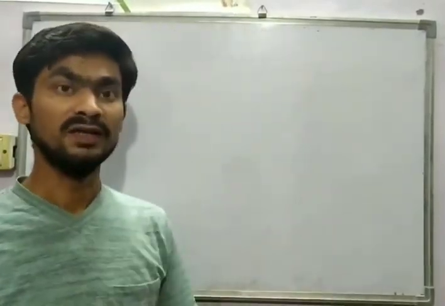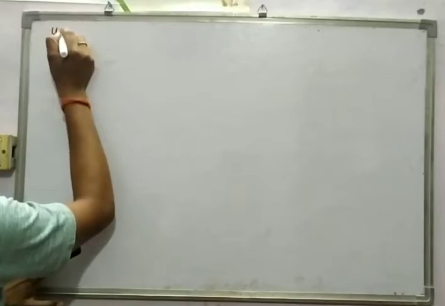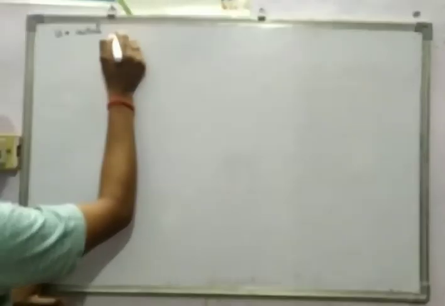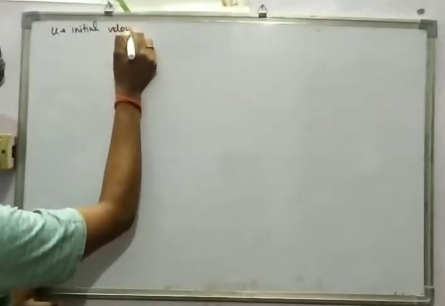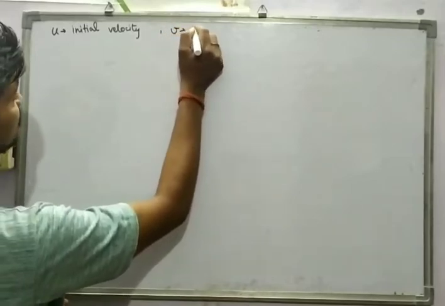And if there is any change possible for the velocity or speed, then what the term will be there. So suppose u be the initial velocity of an object, or you can say speed also, and v be the final velocity.